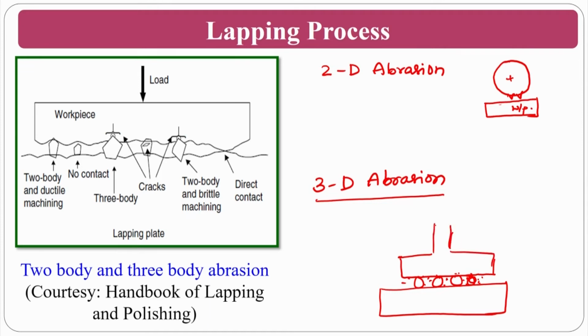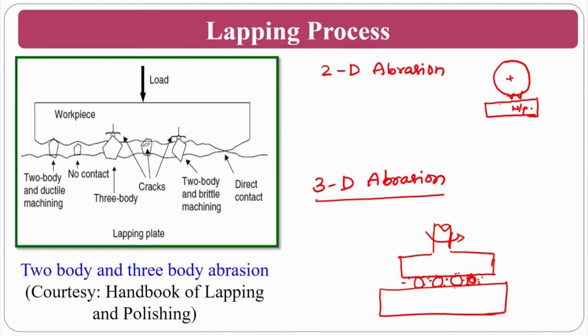In that circumstance, these particles are loosely bonded, or unbonded. The abrasive particles not only follow the path of the lap, but also have their own orientation or rotation about their own axis. In that circumstance, the abrasion takes place in three dimensions. That's why it is called 3D abrasion.